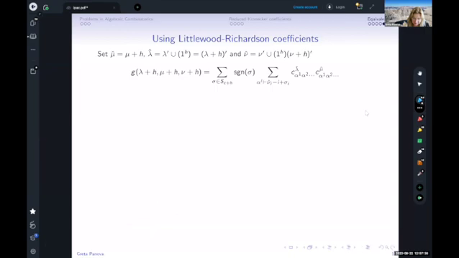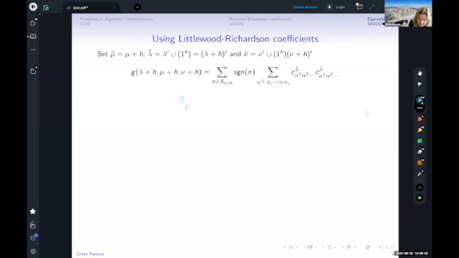Another way we can do this is to use multi-Littlewood-Richardson coefficients. The formula that I'm showing you comes from using Jacobi-Trudi.